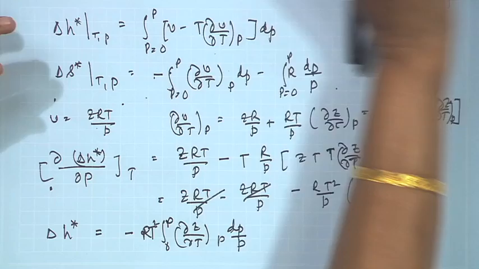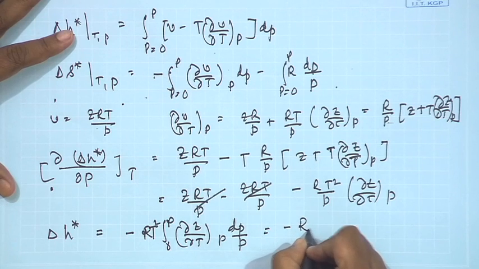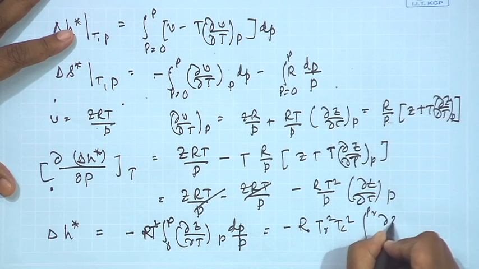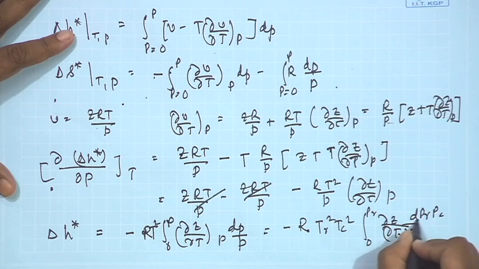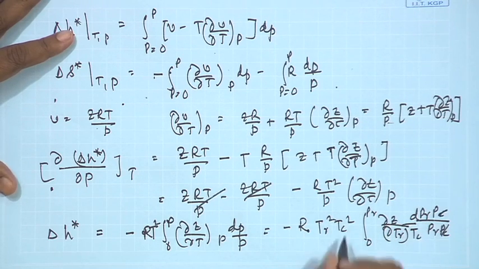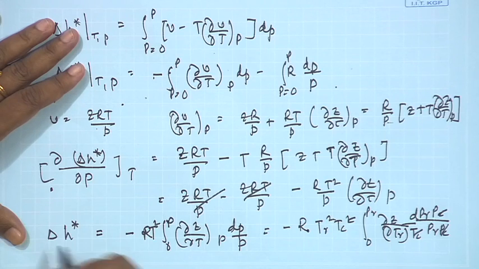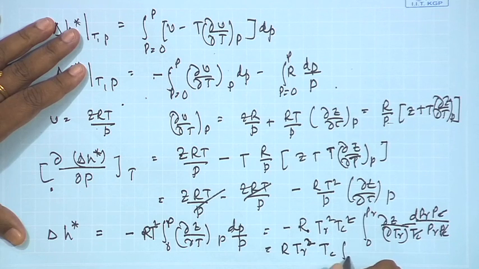And therefore, this equation we can also write in terms of reduced parameters like minus R TR square TC integral 0 to PR del Z del TR at constant PR dPR by PR.